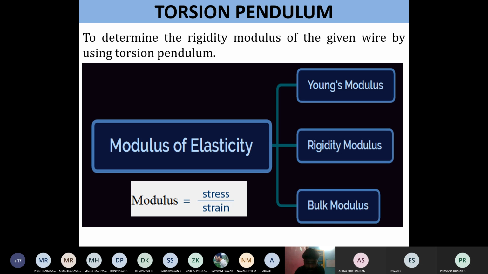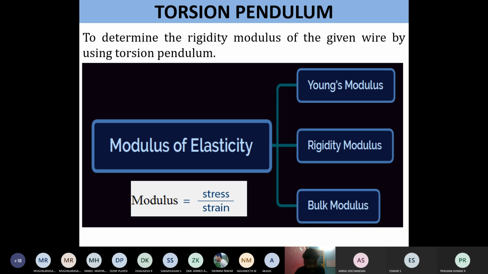If you are going to define Young's modulus, you have to know this: Young's means linear changes. Linear is nothing but lengthwise changes. If a lengthwise change is happening, then it's called Young's modulus, stress by strain.